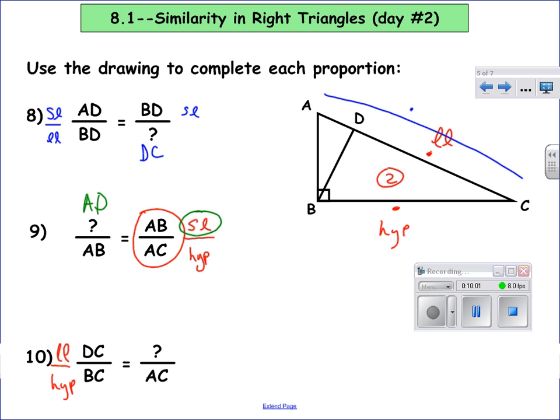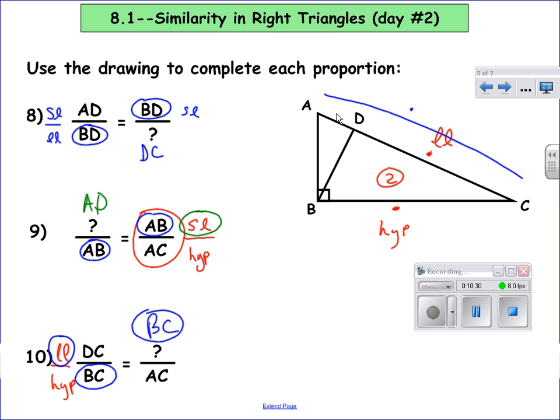Okay, so I must be looking for the long leg in the big triangle. Well, that must be BC. And if you'll notice on all these, I've got the geometric means. I've got the same thing in this spot here, here, and here. And this confirms, hopefully I already knew BC was going to go there, but that confirms that for you as well. Okay?